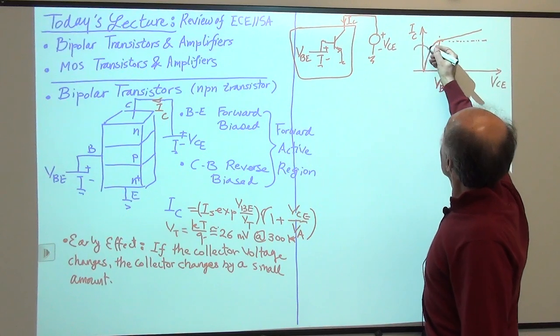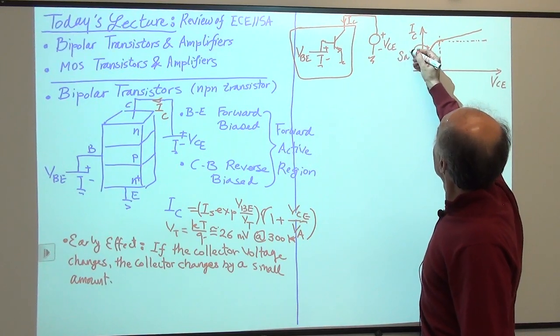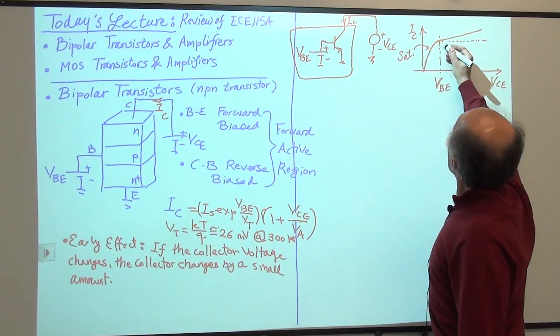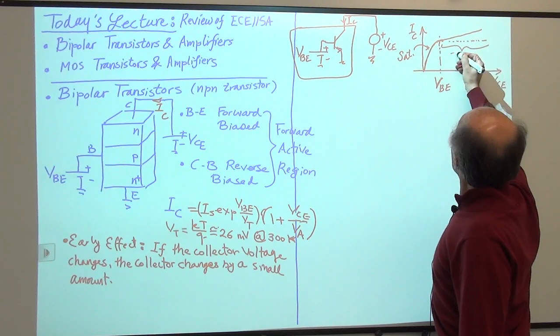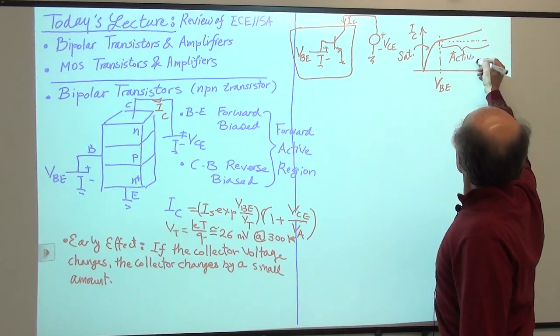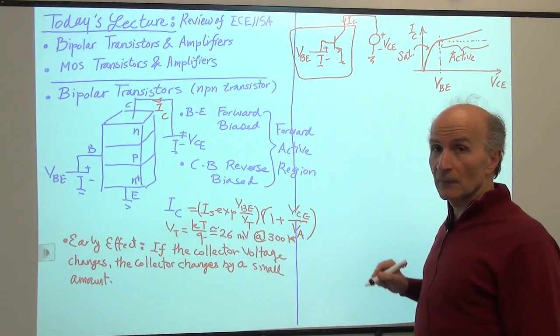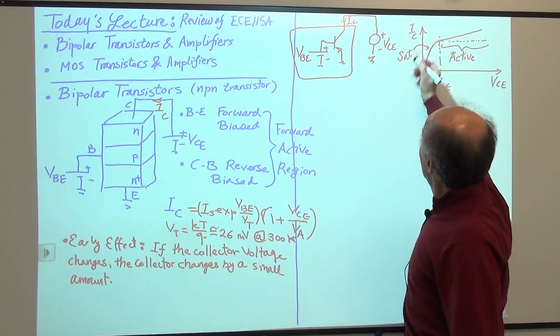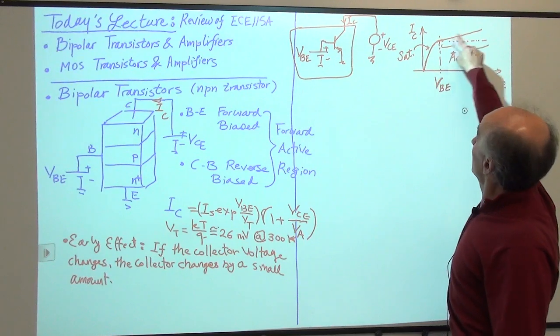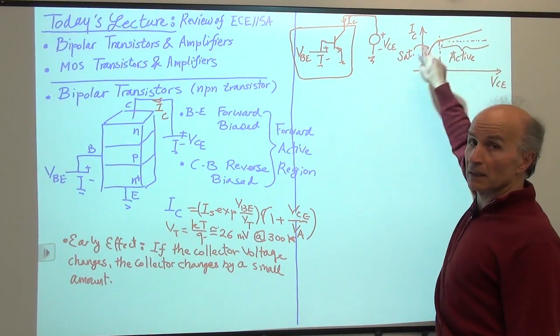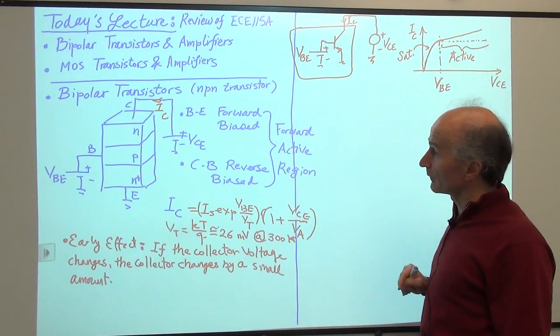So this region is called the saturation, and this region here is called the forward active region, or sometimes we just say active region. And in 99.99% of cases, we would like the bipolar device to operate here and not in saturation.